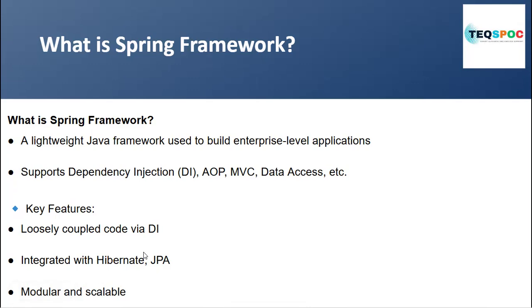We will see in more detail what Hibernate is and how we interact with it. Nowadays we do not have to manually import all these things. What is the difference between Spring and Spring Boot? In the Spring framework we have to manually import everything.